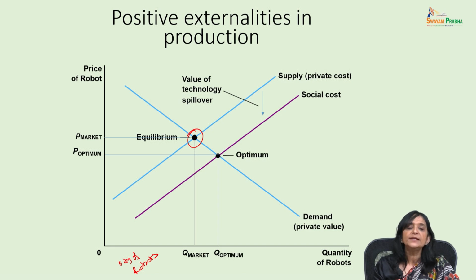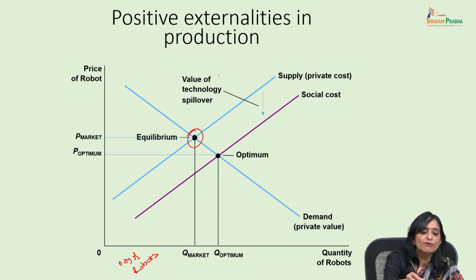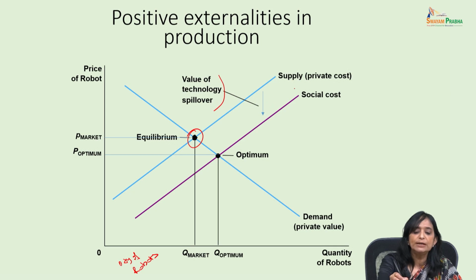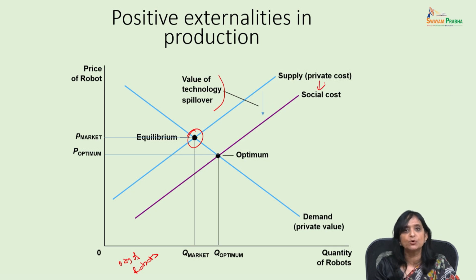Now, there are certain advantages of this new technology, which is the value of the technology spillover. Because we have developed a new technology, this technology is going to benefit others also. There will be a spillover of that technology, because of which the social cost will be less than the private cost.